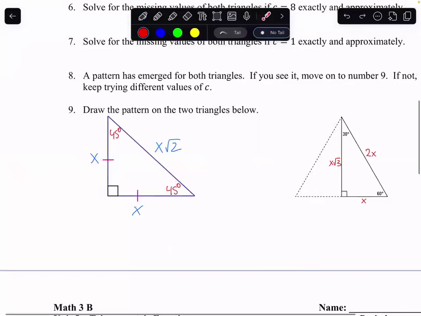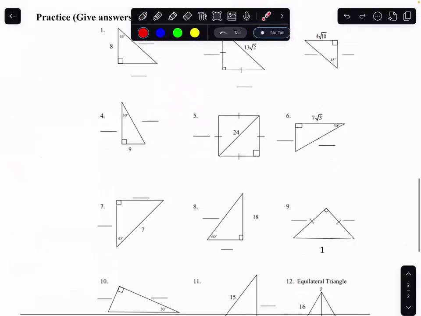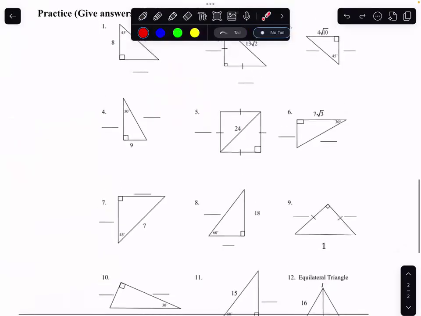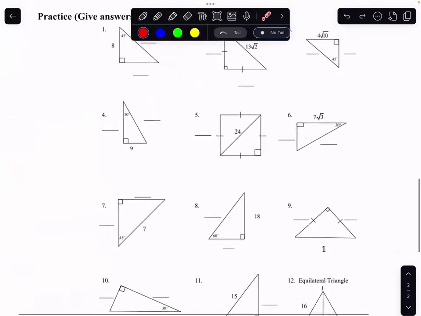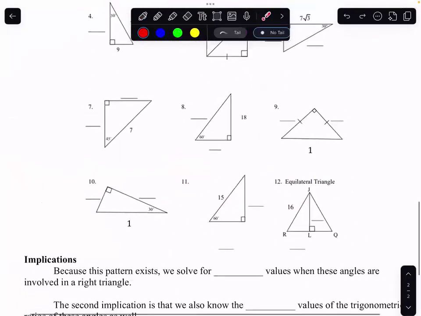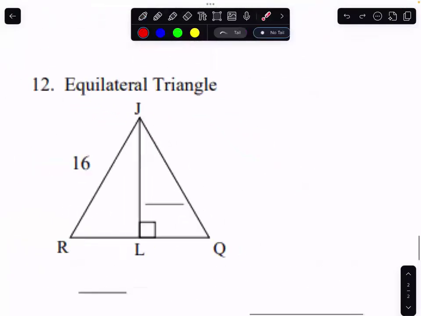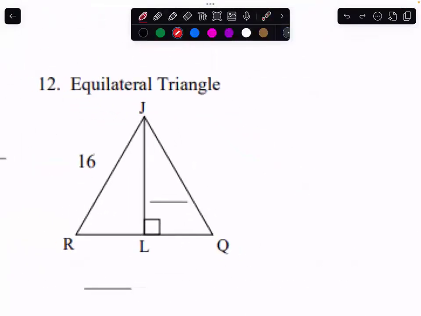Okay, so let me show you how we can apply this on the back. Let me jump all the way to problem 12. You're told that this is an equilateral triangle and we're splitting it in half, so this is going to form a 30, 60, 90.